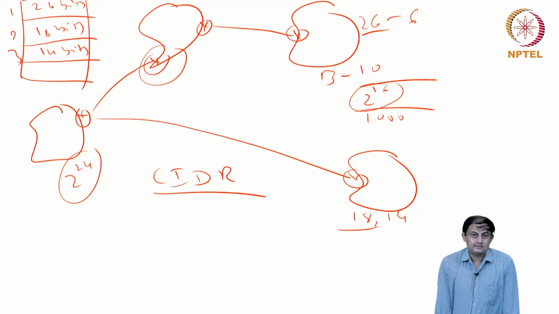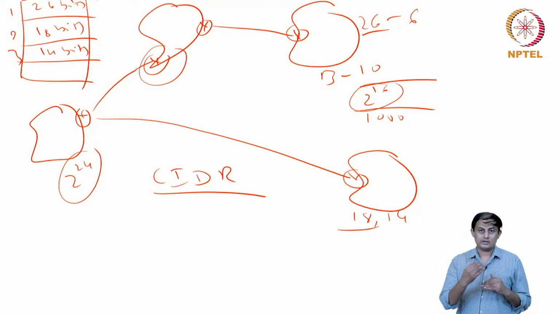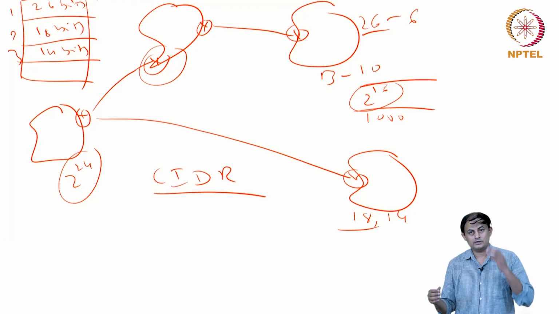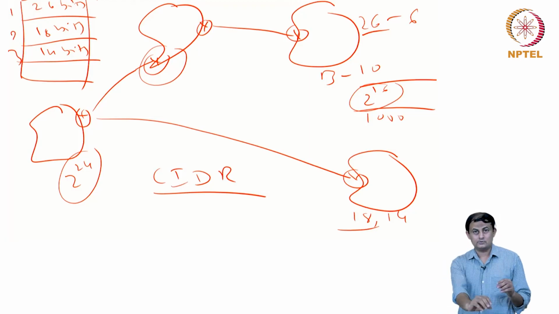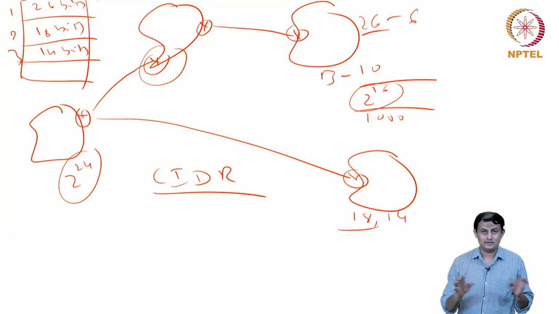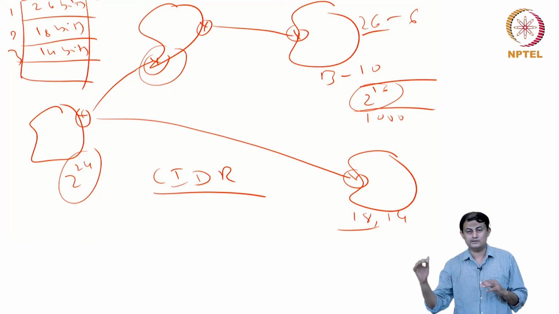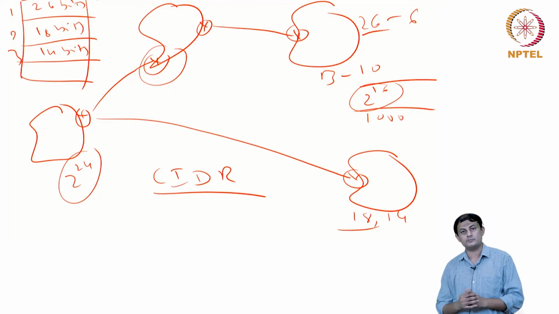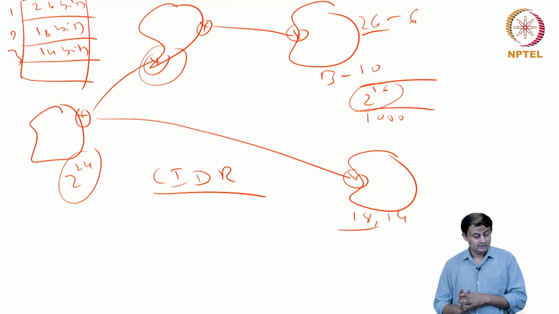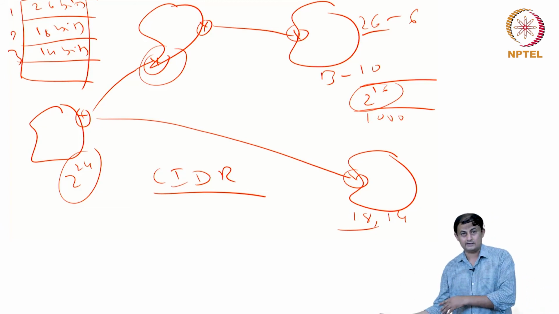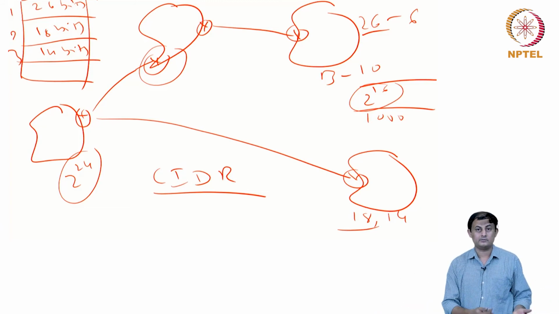So, in that case, the comparison I want to do is going to be even more complex. You do not have any alignment, meaning now I am not saying that you do only the 8-bit comparison, only the 16-bit comparison, only the 24-bit comparison and so forth. One is 18 bits, another one is 26 bits, another one is 14 bits.